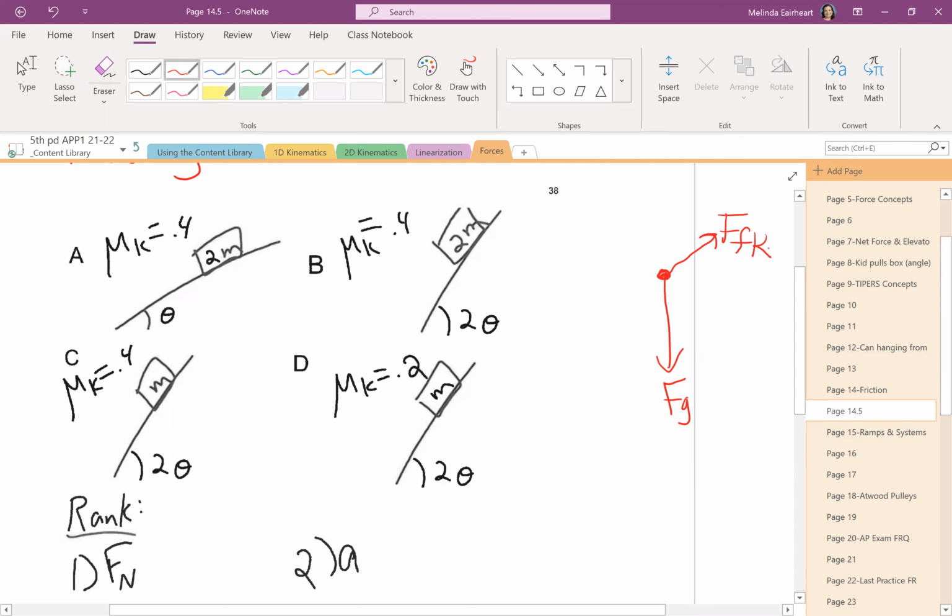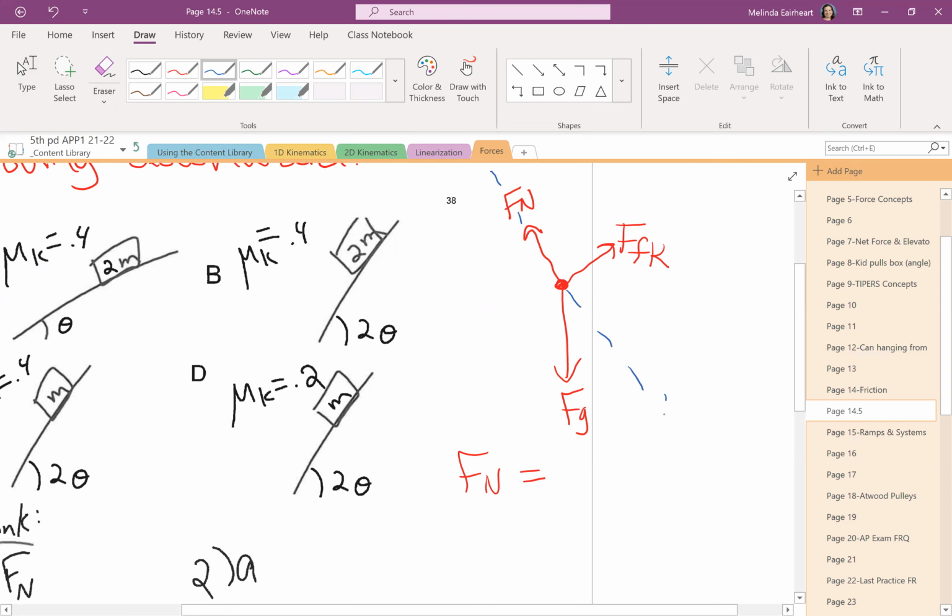Does it equal Fg? No, Fn on a ramp equals what? What do we do special and unique to force diagrams for an object on a ramp? Right.